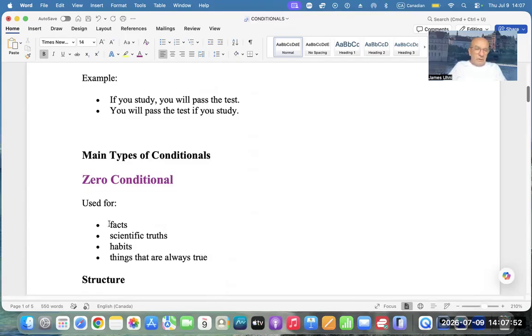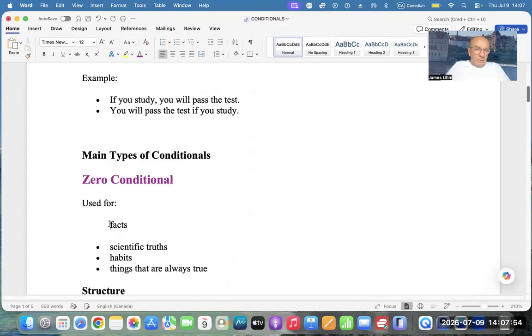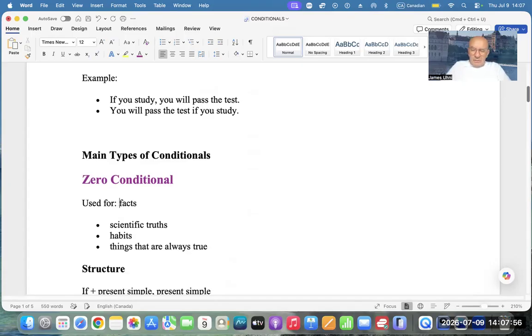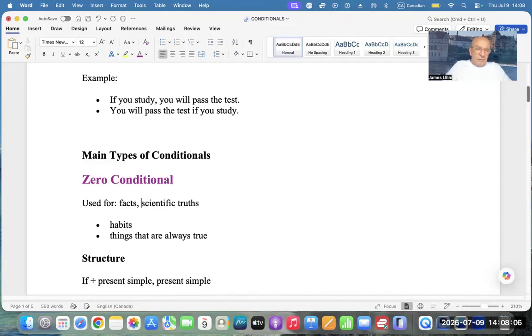So what I will do, I will put it into line so there is more space and it doesn't look big. Scientific truths. Now you see truths, which is interesting.